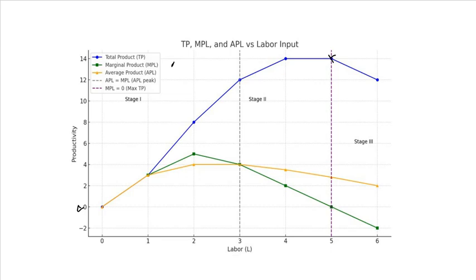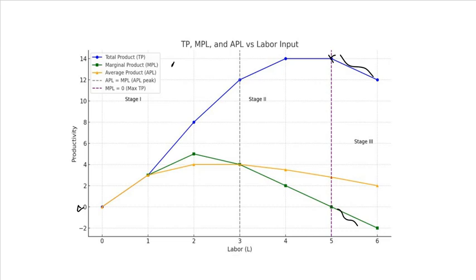Actually what I meant is that when MPL equals 0, TP reaches its maximum, and only when MPL becomes negative will TP start decreasing. When MPL equals 0, it adds nothing to the total product, which means total product reaches its maximum.